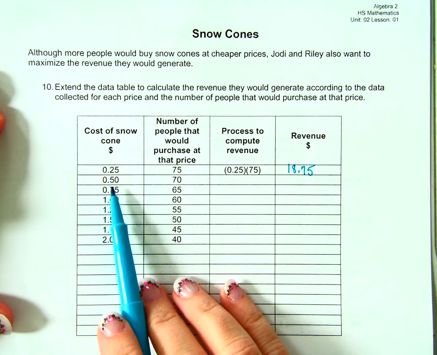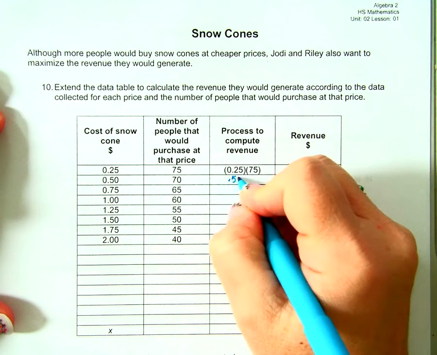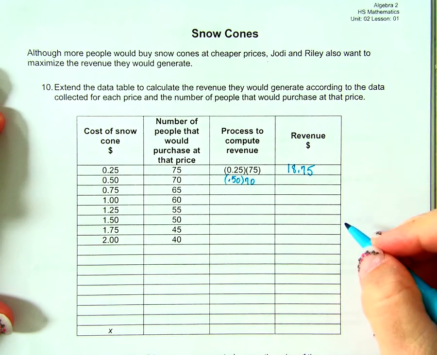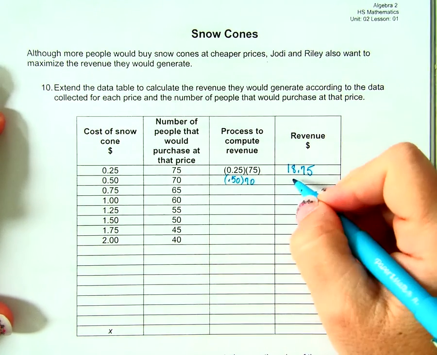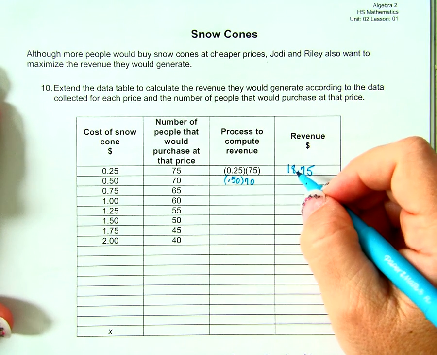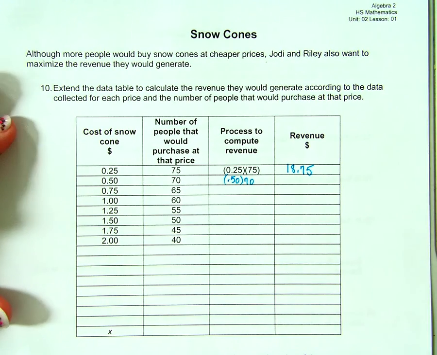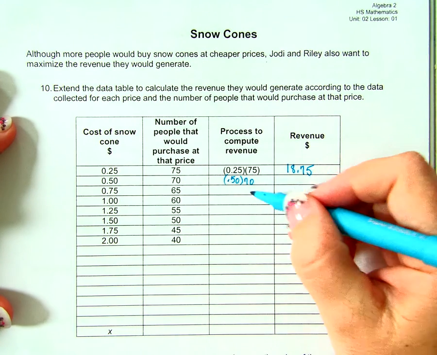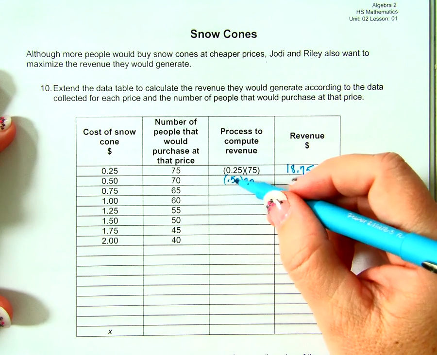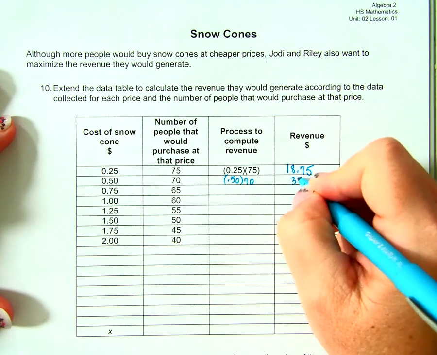50 cents. 70 people. So we're going to say 50 cents times 70 people equals what? Please don't put this one in your calculator. Can't you do this one by yourself in your own head? What's 7 times 5? 35, right? 70 times 5 would be 350, but I'm not multiplying it by 5, I'm multiplying it by 0.5, so it's going to just be 35.